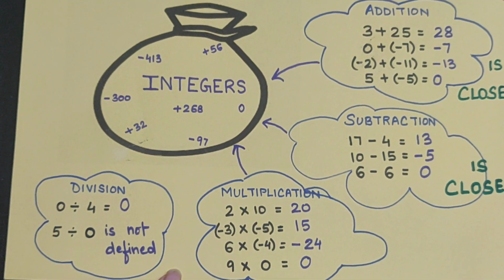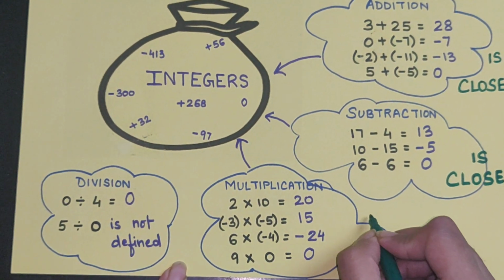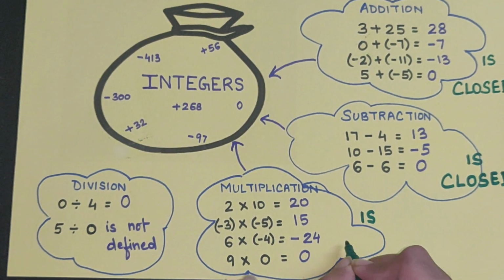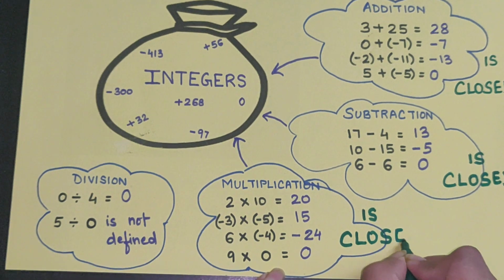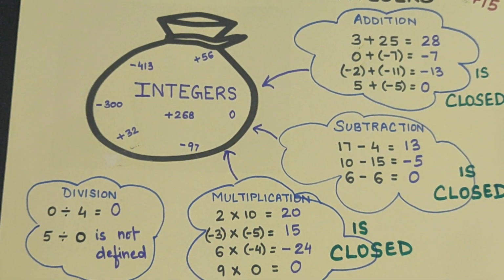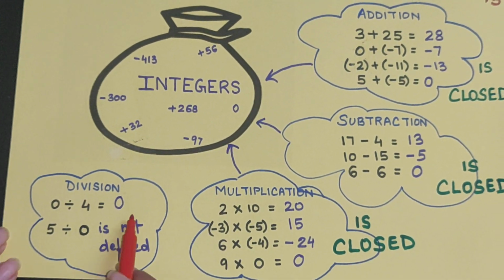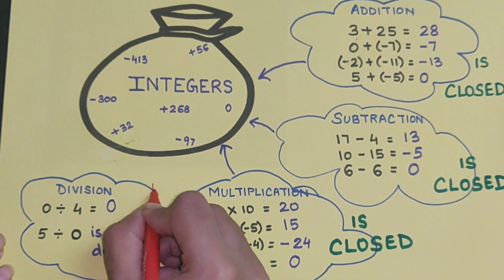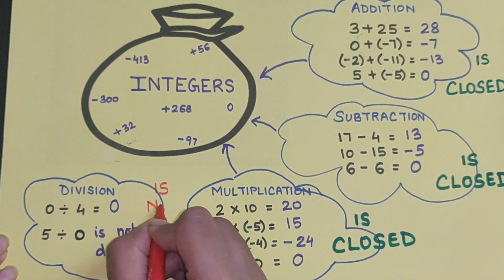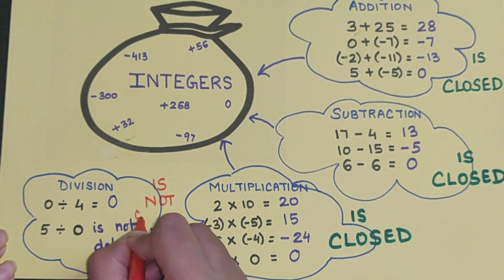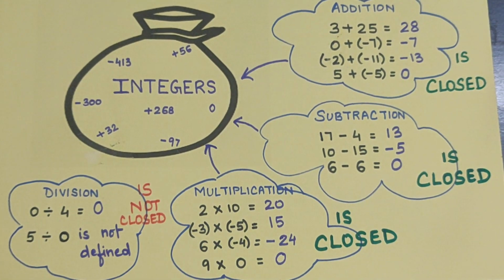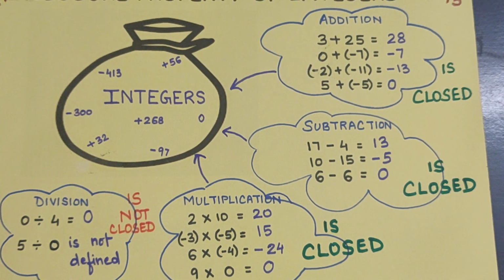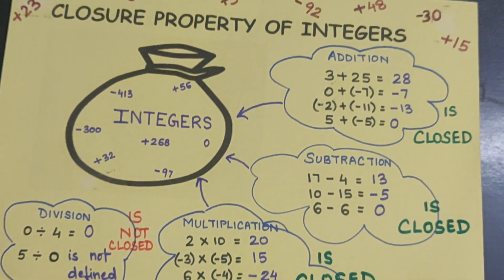The product of two integers is also always an integer, so the multiplication is also closed. And what about division? The division of integers is not closed, because when we divide two integers, the result is not always an integer.